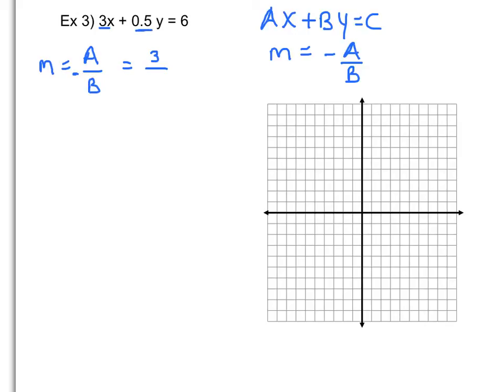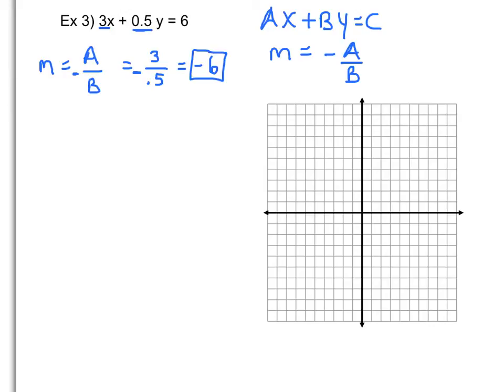And then b is right here, divided by 0.5, and that's going to be our slope. So 3 divided by 0.5, I believe, would be 6, and it's positive here, so that means we take a negative of it, so it'd be -6. So our slope is -6.